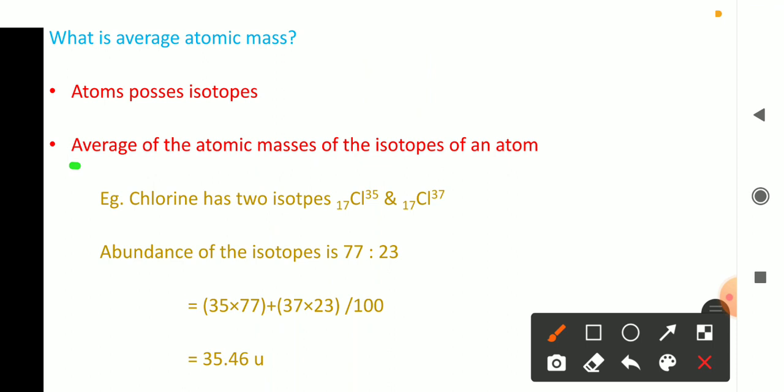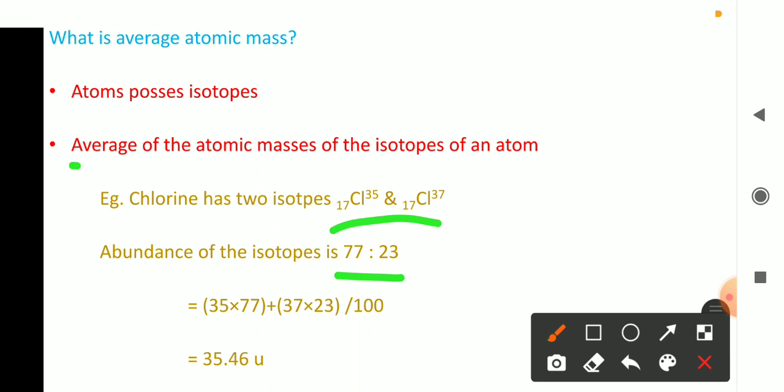And here the average atomic mass of chlorine is calculated. Chlorine has two isotopes. What are they? Chlorine-35 and chlorine-37. Here the mass numbers are different. The first isotope possesses the mass number 35, whereas the second one possesses the mass number 37, and their relative abundance is also given.